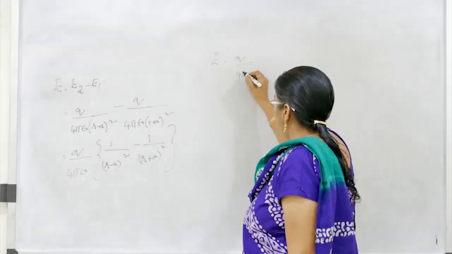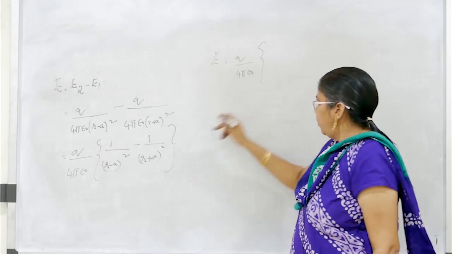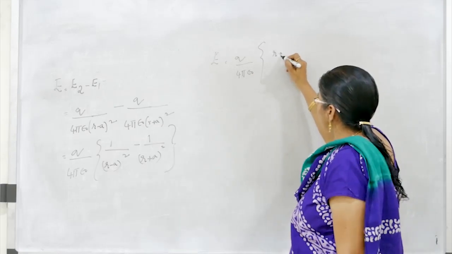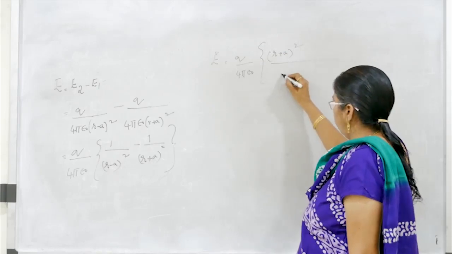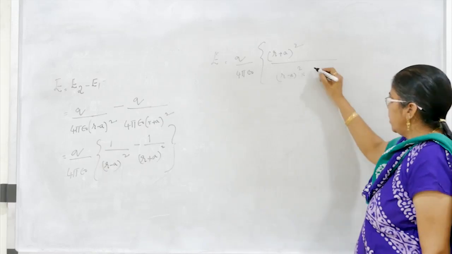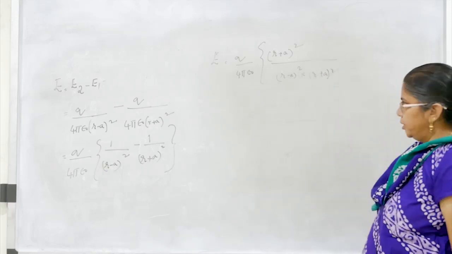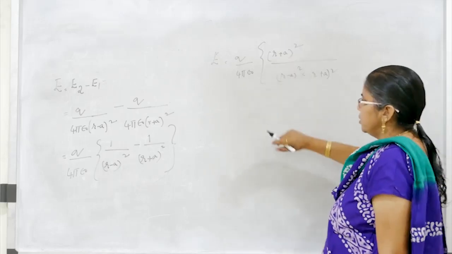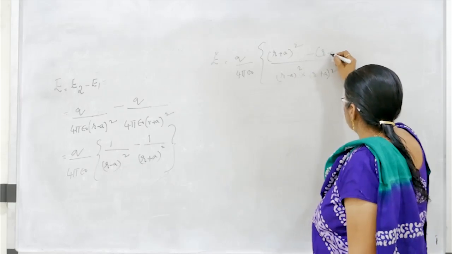4 pi epsilon naught into, I take the LCM here, r minus a whole square into r plus a whole square. So this is the LCM. So this becomes r plus a whole square minus r minus a whole square.